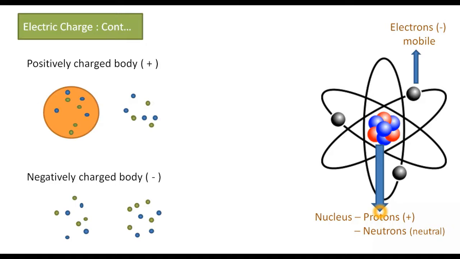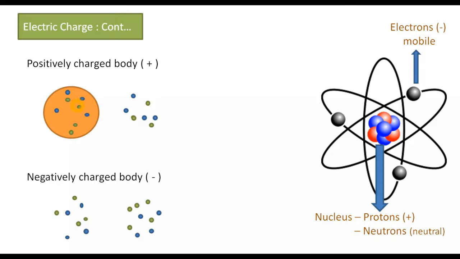Now, when do we say that a body is positively charged? Under normal situations, what happens when a body is neutral? Like here, this is a sphere of atom, you can say, and these are protons and electrons. When a body is neutral, the net charge on the body is zero, because the body has equal number of positive charge and equal number of negative charge.